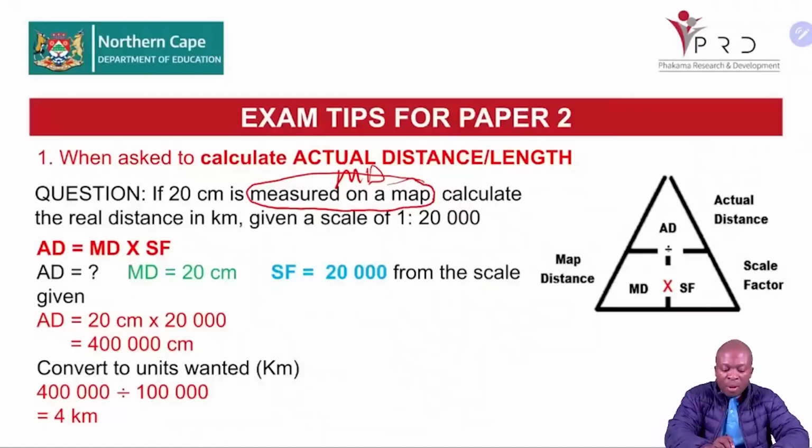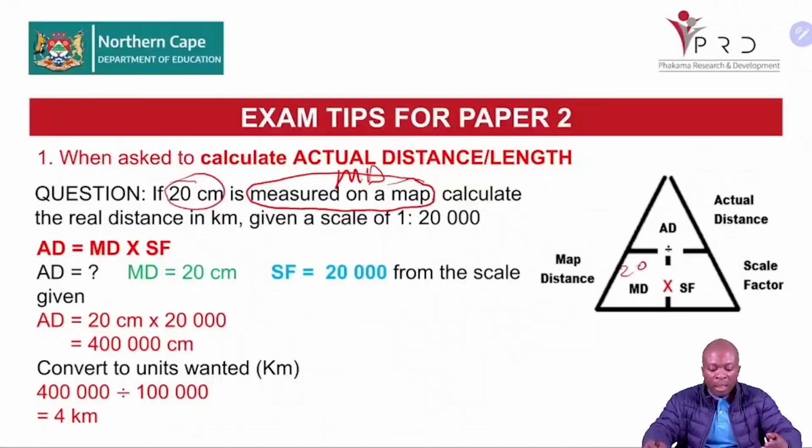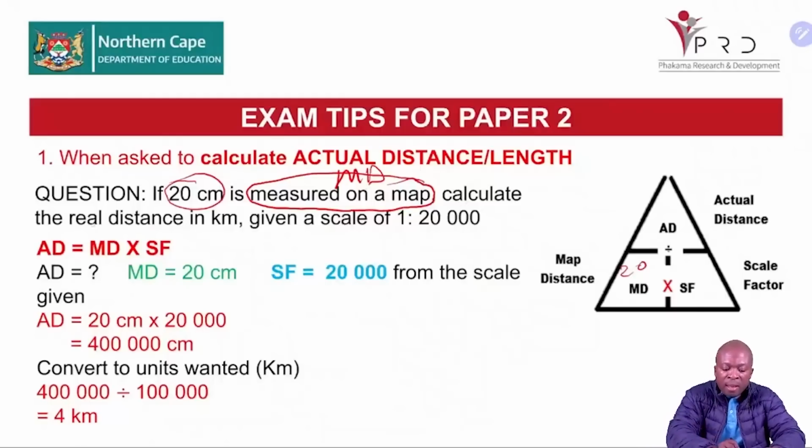What's our map distance? It is 20. Then it says calculate the real. Once you see real, the examiner is saying calculate the actual AD. So calculate the real distance in kilometers given a scale of 1:20,000.